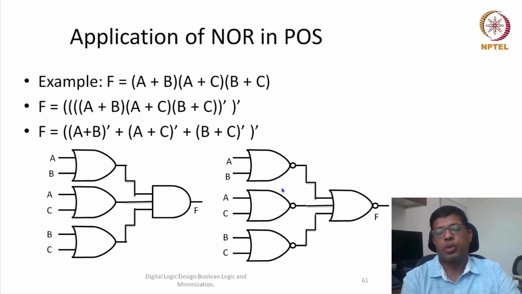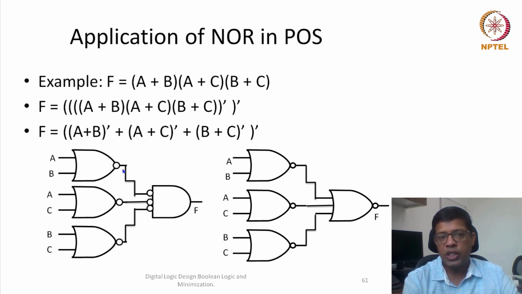Similar to NAND gates, this can also be understood as follows: if we put two inverters on these wires, the implementation is similar. This output should not change because of two inverters, similarly this output should not change, and this output should not change.